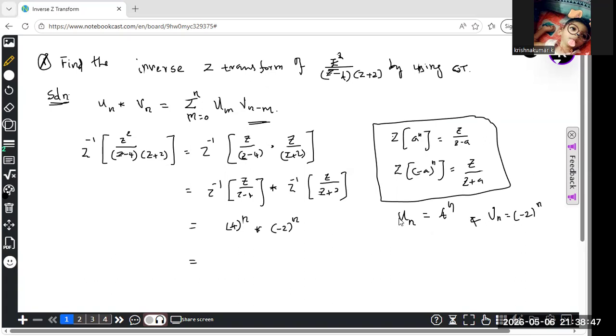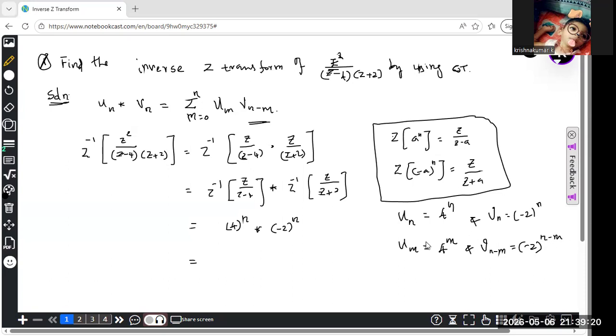Once you know these functions, you can write um and v n minus m. To find um, you just replace n by m, so this becomes 4 power m. Similarly, to find v n minus m, in the place of n we just replace n by n minus m. Therefore, this becomes minus 2 power n minus m.